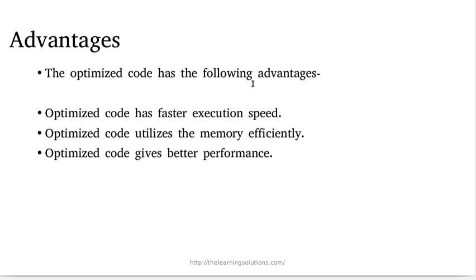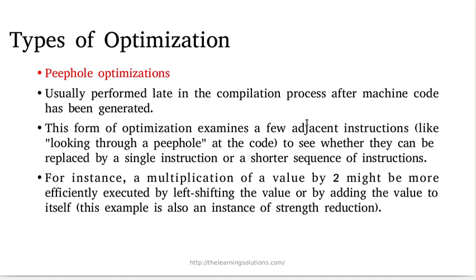These are the objectives, or the main concern of the code optimizer, that the code should give better performance, it should take a reasonable amount of memory, and the execution should be faster. So there are certain types of optimization. We are going to look at the topic of peephole optimization in a very detailed way in my next video tutorial.